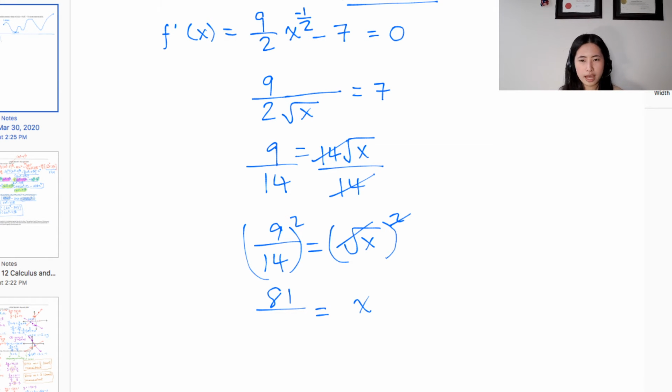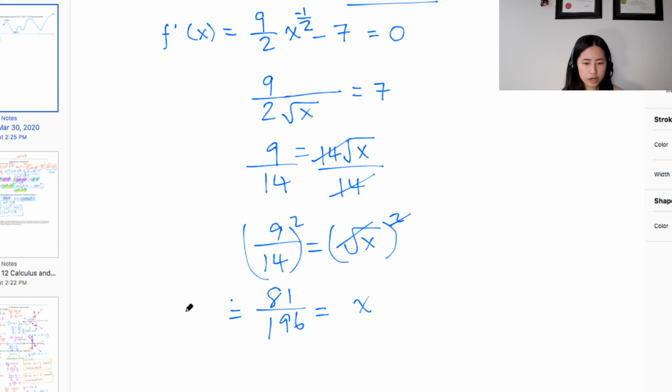For some reason, I read that as 4. Okay, 14 squared is 196. There we go. If you punch this into your calculator, 81 divided by 196, this is equal to about 0.4.